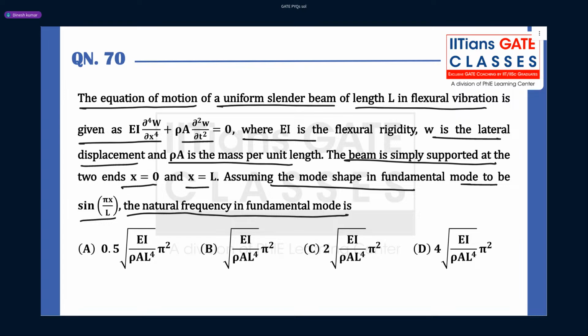So guys, we know this sin(πx/L) is nothing but sin(kx). If you compare sin(kx) with sin(πx/L) in case of vibration of a simply supported beam, the k value we are getting is π/L.